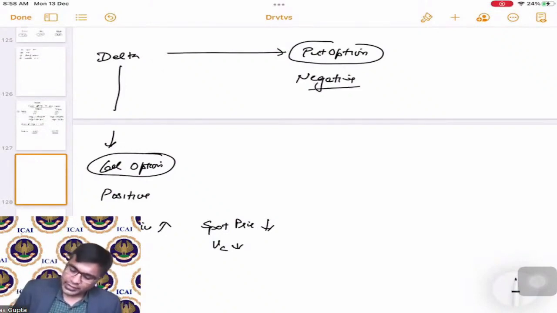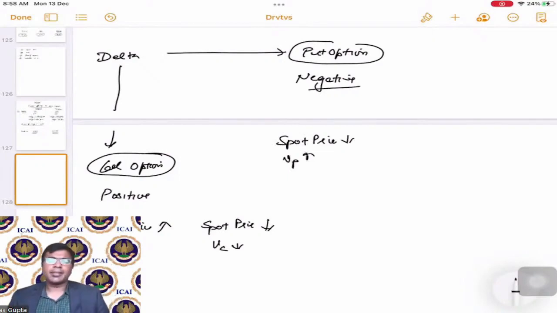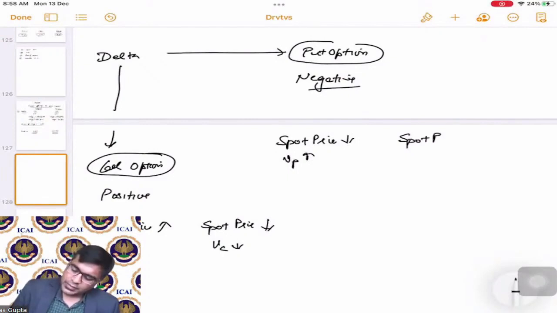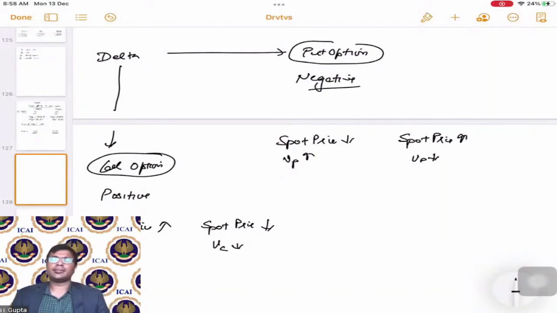Now, how is this negative relation established? If the spot price decreases, the value of the put option will increase. Similarly, if the spot price increases, the value of the put will decrease. This is called the negative relation.